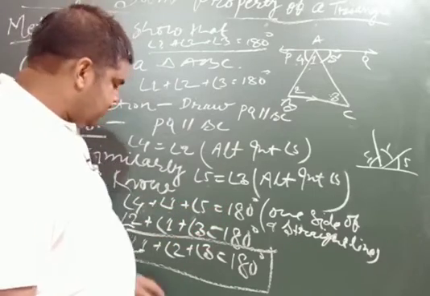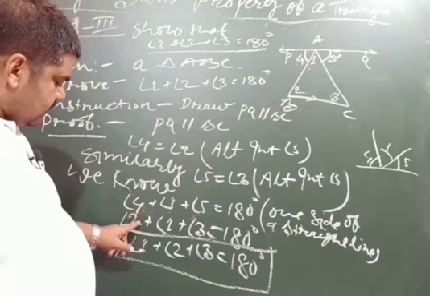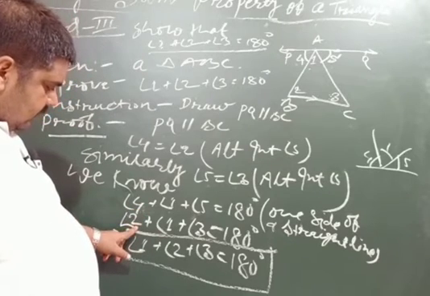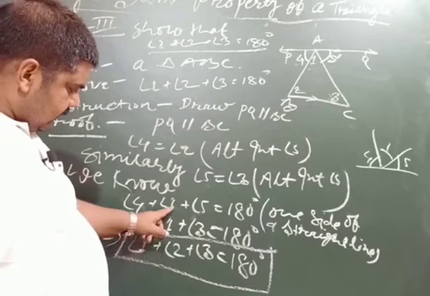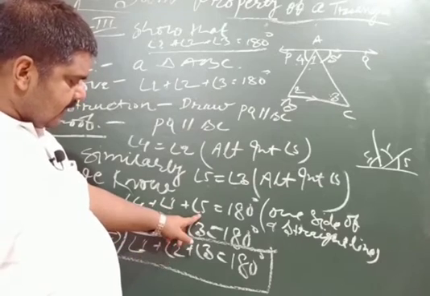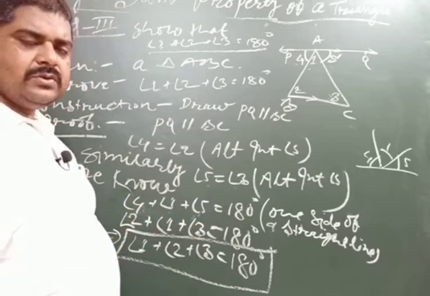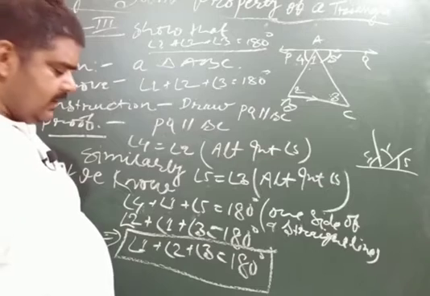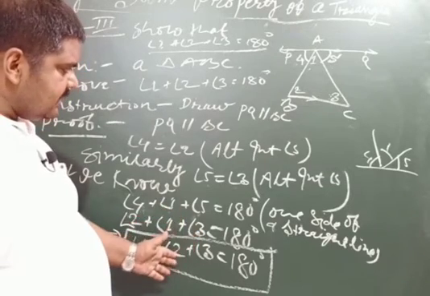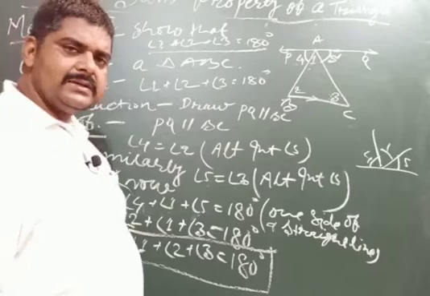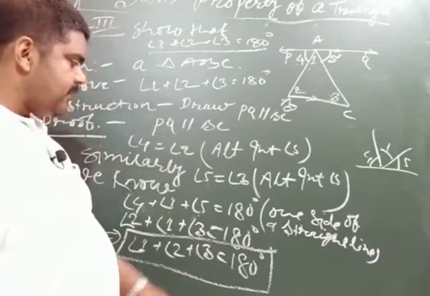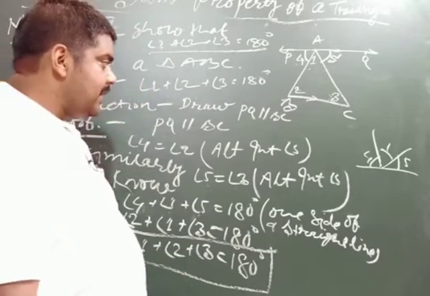Then I put the values: the value of 4 is equal to 2, the value of 1 is 1, and the value of 5 is equal to angle 3. After rearranging, you get that the sum of all angles of a triangle is equal to 180 degrees.